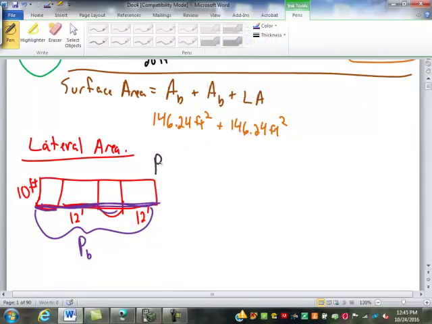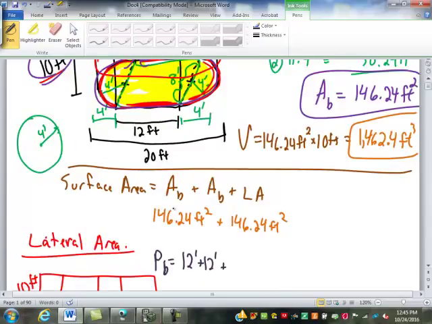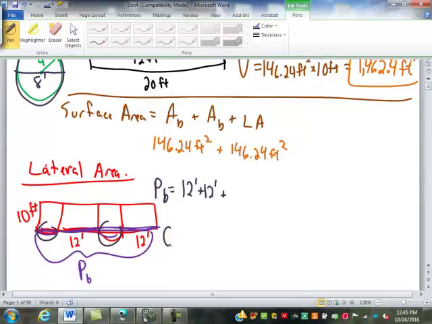So the perimeter of the base here for lateral area is the 12 feet plus the 12 feet, the two straight pieces, plus these curves, which make the circumference of a circle that has a radius of 4, but for circumference we use diameter, so it'll be diameter of 8. So that circumference is 8 times pi, or 25.12.